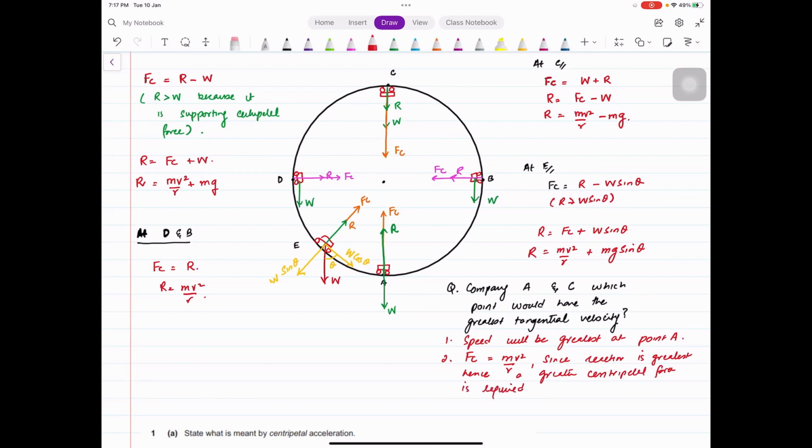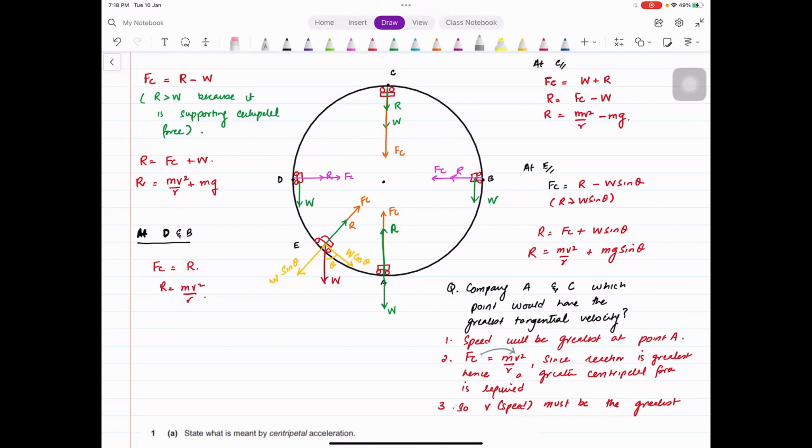So this is what we talk about here. Now, V, which is the speed, must be the greatest, because if you see, the centripetal force depends on the speed. That's why.